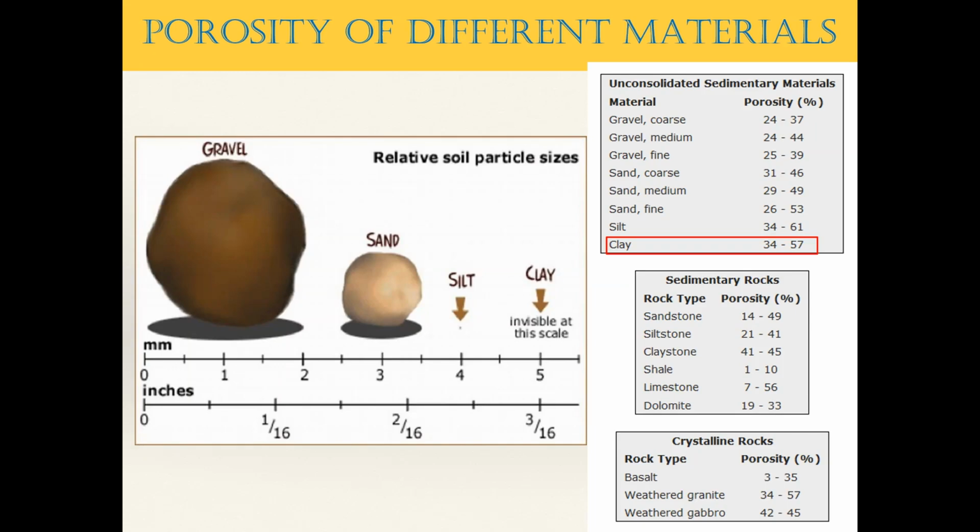Therefore, the attraction between the water and the clay particles is very high. That is why this water does not flow very easily, right? So that is the reason the hydraulic conductivity is quite small, but the porosity is quite high. That is why it is considered an aquitard formation, right? So I hope it is clear.